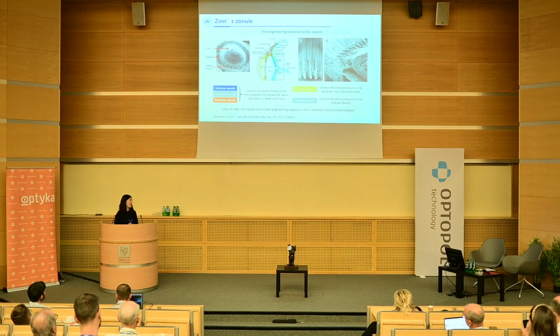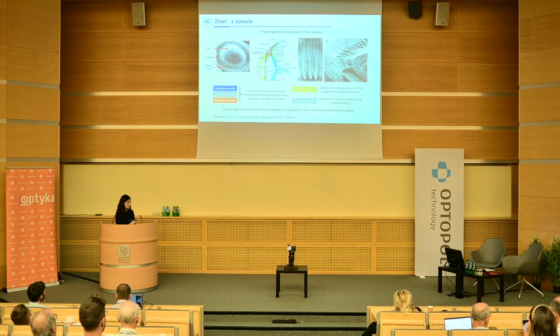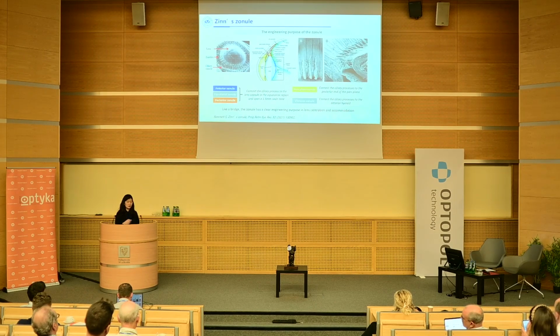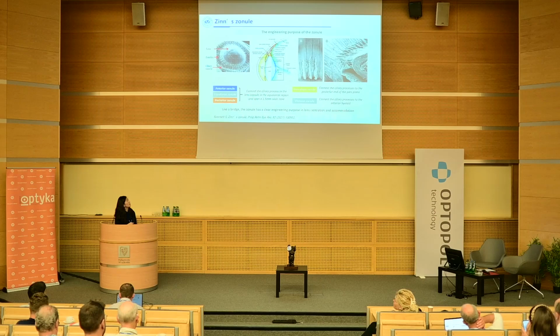From the literature, we found that five groups of zonules can be identified nowadays. This includes the anterior, equatorial, and posterior zonules that connect the lens equator to the ciliary process. The fourth one, the pars plana zonule, connects the ciliary process to the posterior end of the ciliary body.